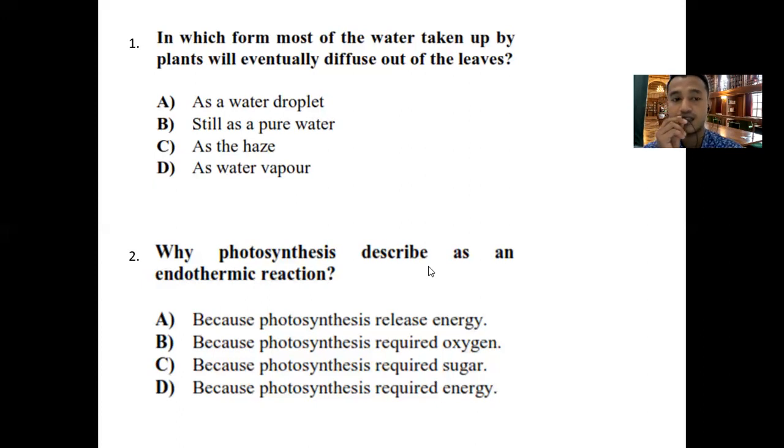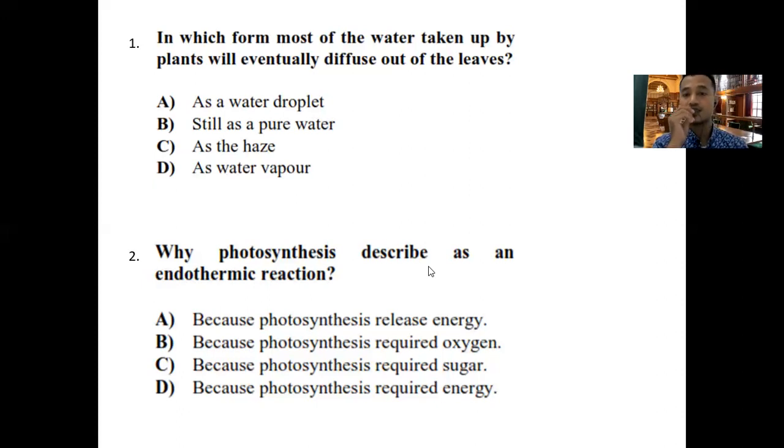The difference is based on the heat: does the reaction take in heat, or does it release heat? When a reaction takes in heat, we call it endothermic. Endo means inside, and exo means outside. When heat is released to the environment, we call it exothermic.